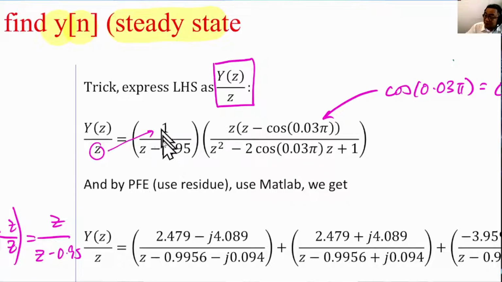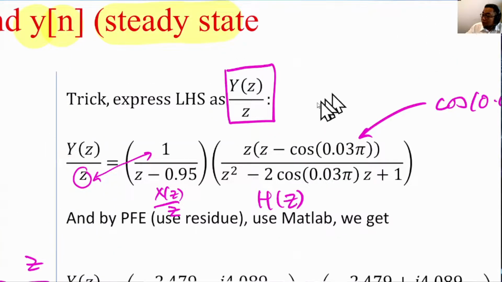It was z over z minus 0.95. When we are finding the partial fraction expansion, we want one of the z's to go to the left hand side. So this is actually X(z) over z, and this is H(z).